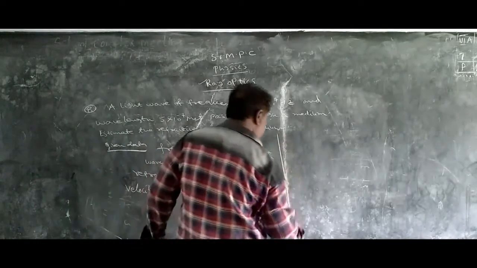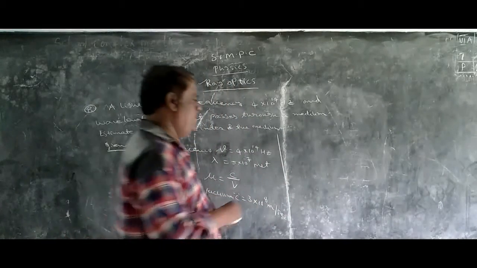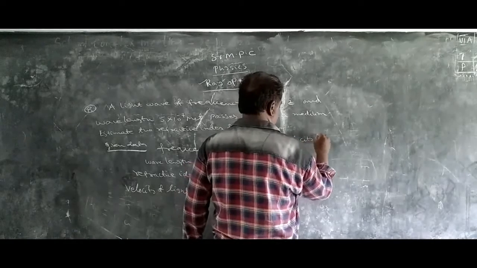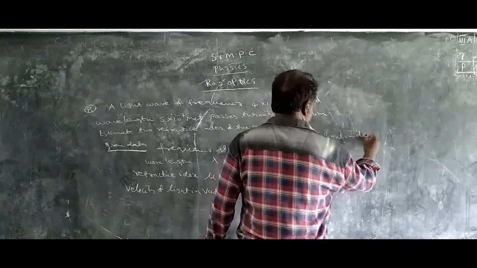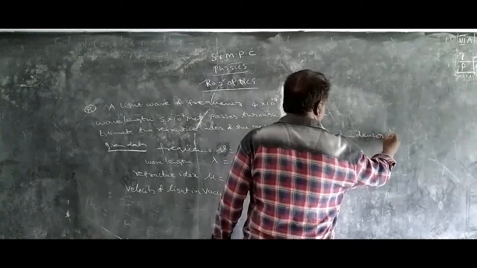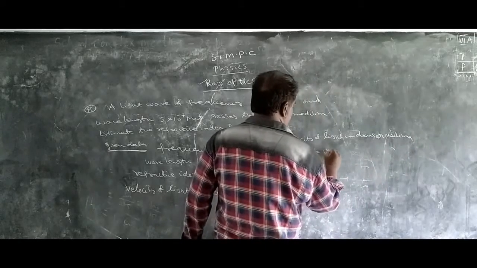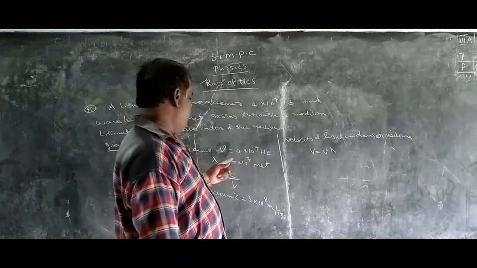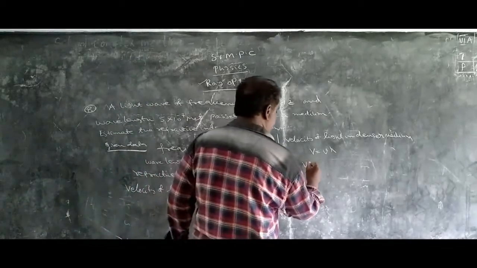Then how do we find the velocity of light in denser medium? V is equal to nu lambda. Here we know the frequency value as well as the lambda value, so we can calculate the V value.